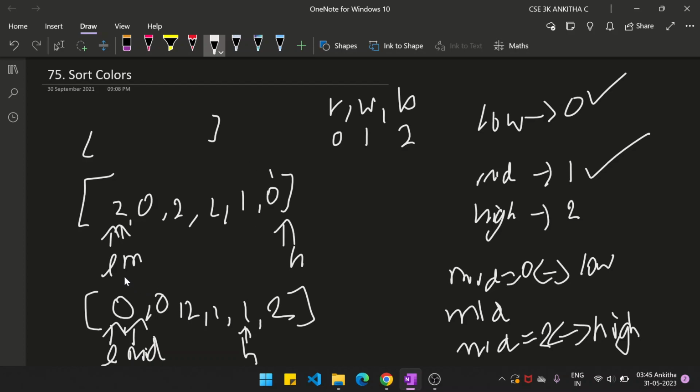So when you exchange it, this can be 1 or 0. That's the reason we only decrement the high value and mid will stay as such. So one thing you ought to know: if mid equals 2, we exchange with the high value and high will be decremented, high-- we will do. Because we know that the high value is 2 for sure, but the mid value can be 0 or 1, because the previous high value can be 0 or 1 either.